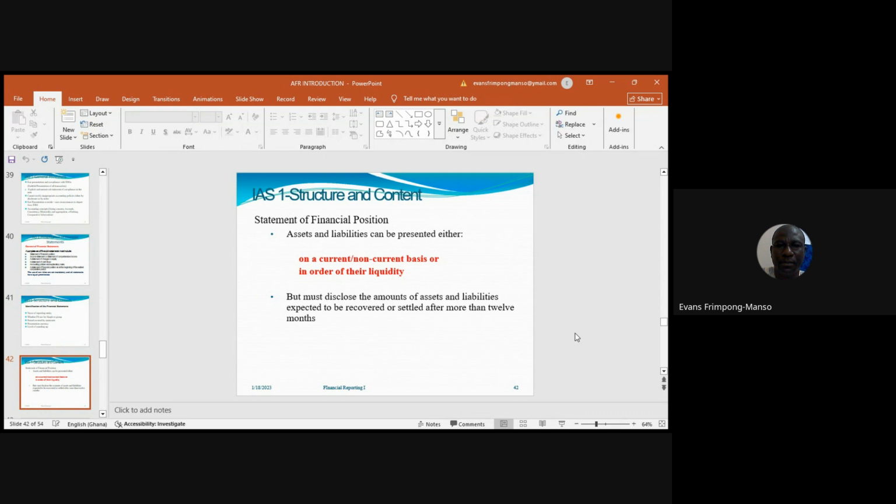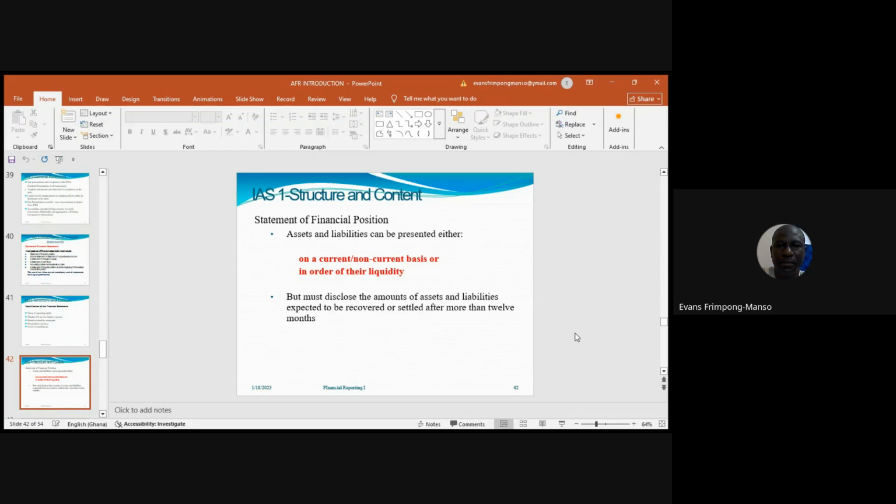You see assets, you see liabilities, you see equity. So you have to show the assets separately, you show your liabilities separately, and you show your equity also separately.